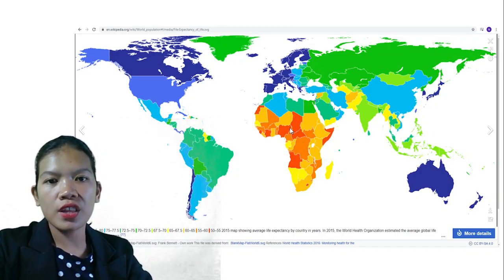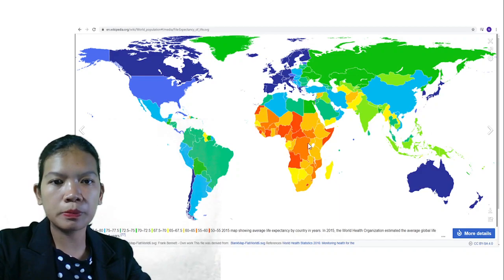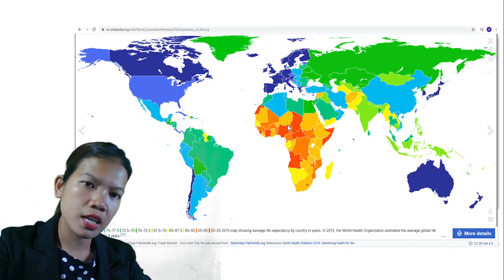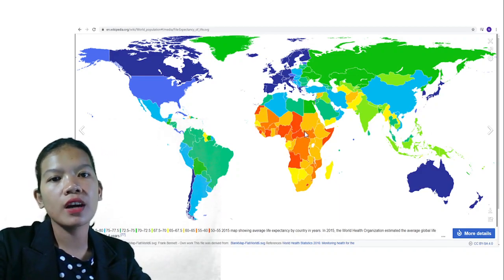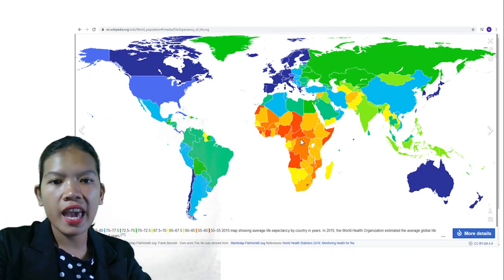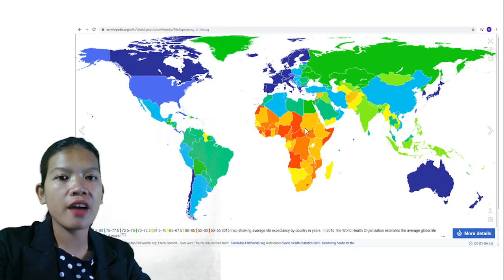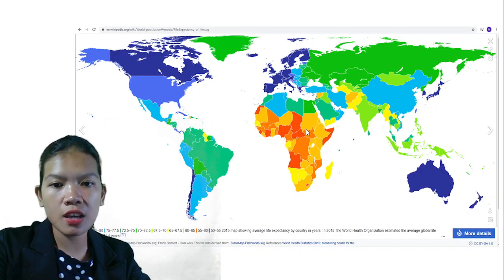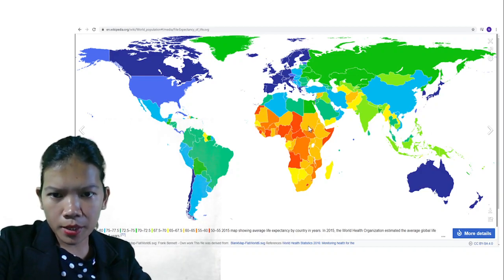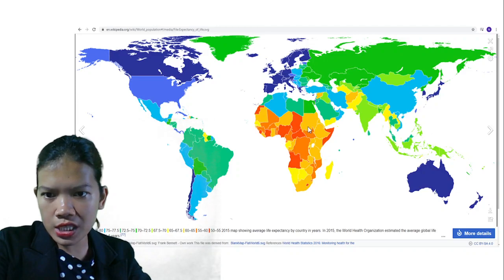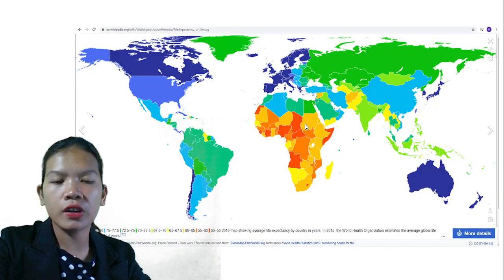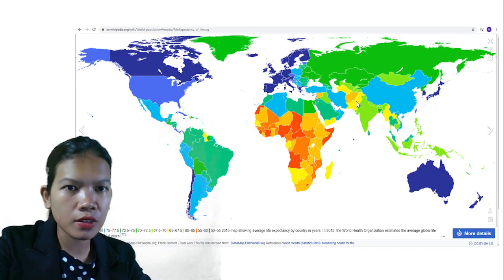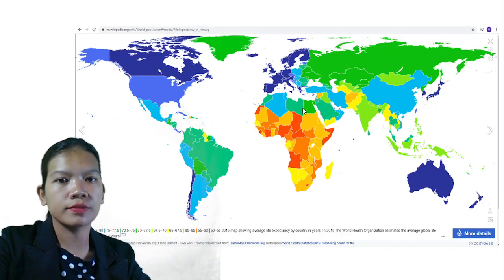These orange and yellow countries in some parts of the African continent have the lowest average life expectancy, at least maybe 50 to 67 years of age, as well as some parts of the Asian continent.